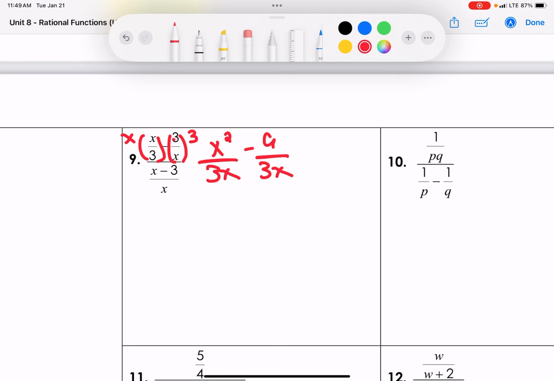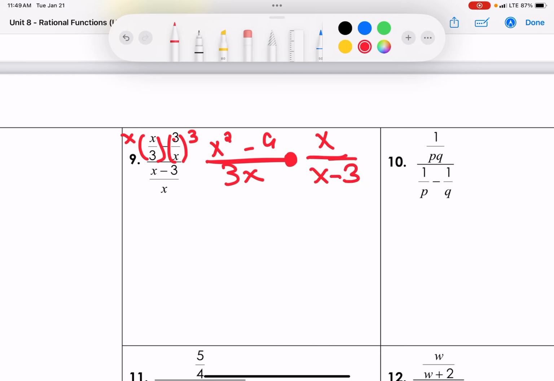When you have 3x in both denominators, this just becomes one big fraction: x squared minus 9 all over 3x. And now I'm going to multiply times the reciprocal, times x over x minus 3.